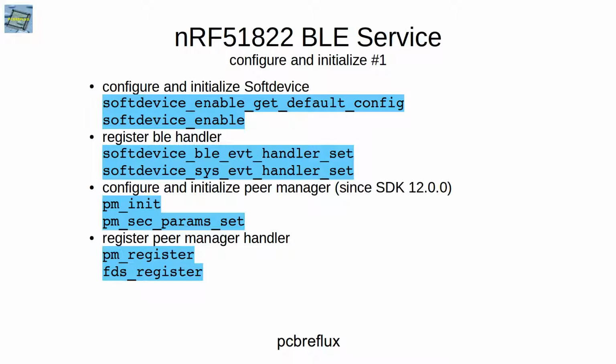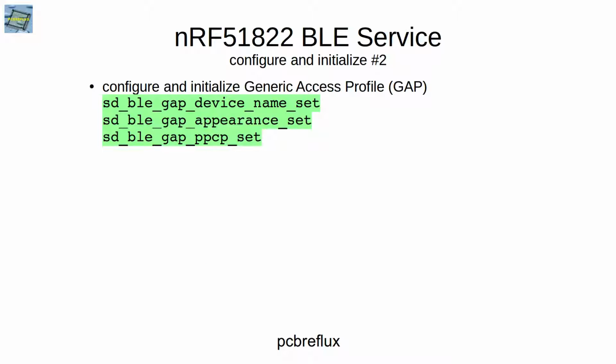Then we register the manager handler with PM register, and also we register the flash data storage handler. Then inside the soft device we configure and initialize the generic access profile with the SD BLE GAP functions.